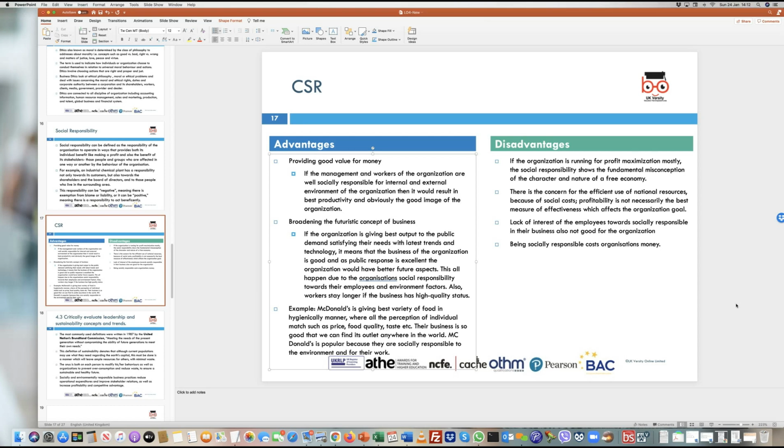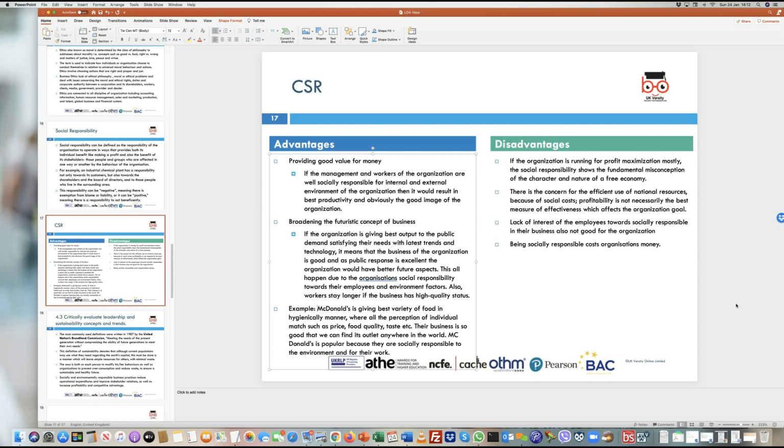So in those cases, there are disadvantages, because if it is not led from the top down, from the leadership down to the working level, then in some cases employees also shun the agenda, and because of that the company does not enjoy a good reputation or good word of mouth in the market with regards to its products and services.